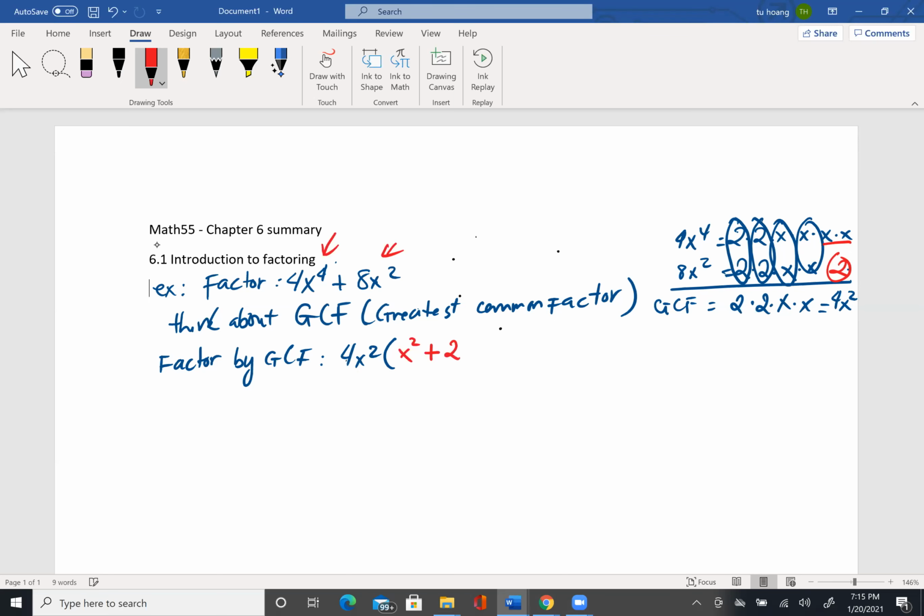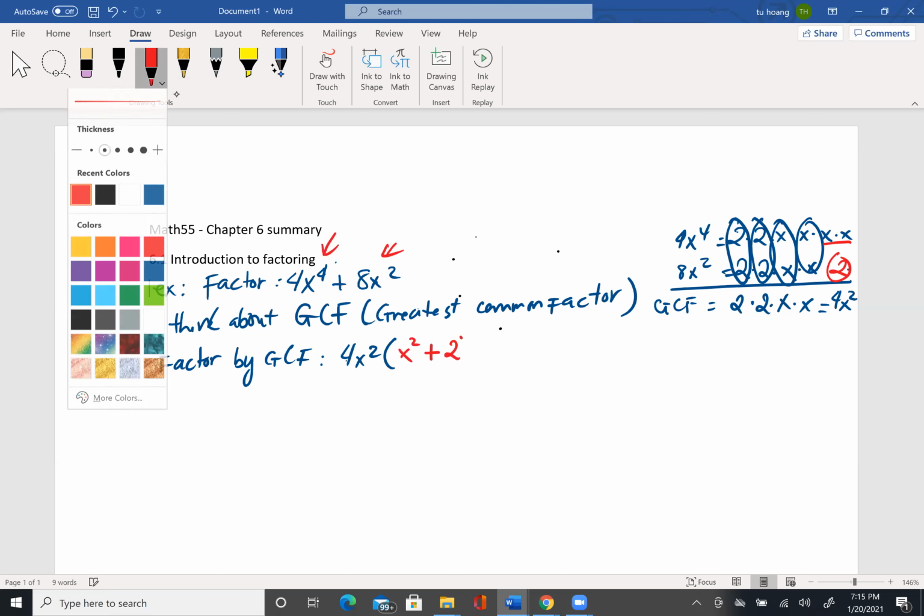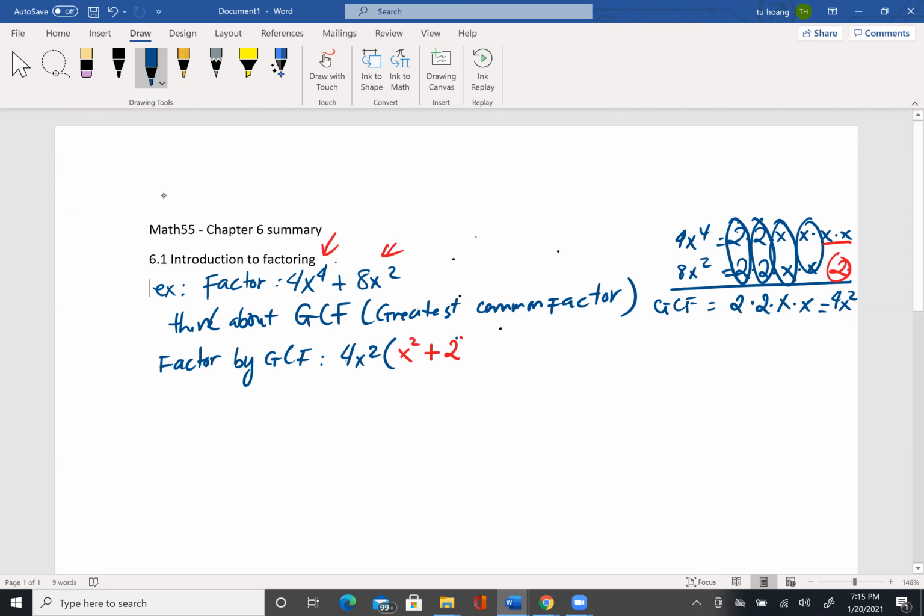All right, and we're done. You have to know that if we say factor, it means something multiplied with something. Okay. So this is done for this factor.